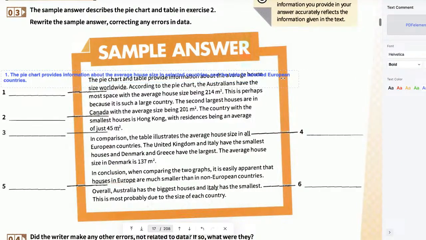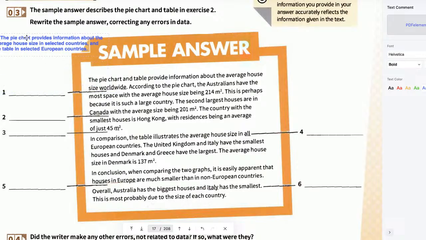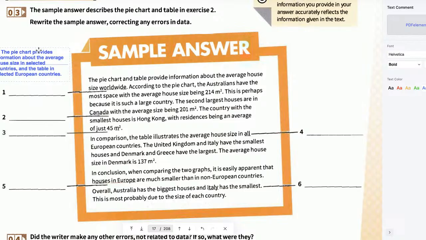Okay, so you can mention something like the pie chart. You separate them. You say the pie chart provides information about the average house size in selected countries, while the table, okay, and the table in selected European countries. Or shows information about blah, blah, okay?